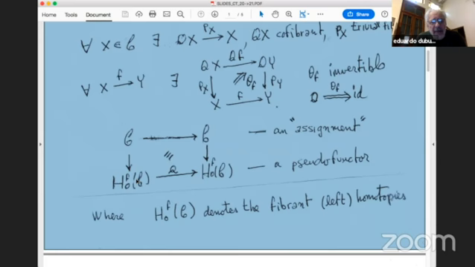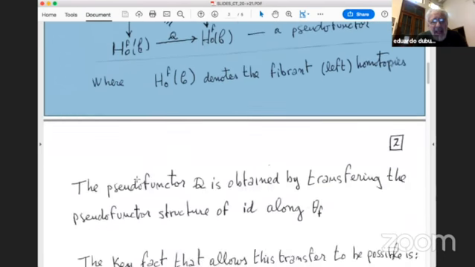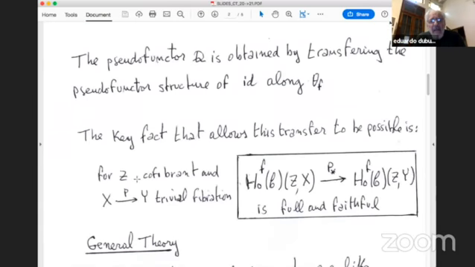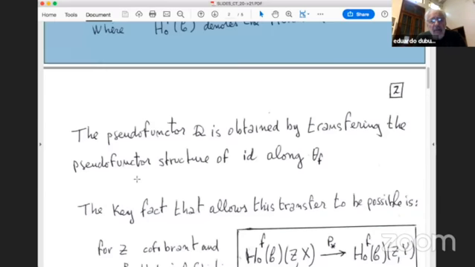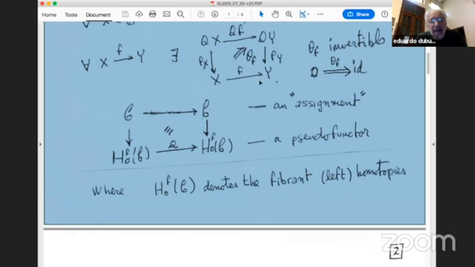Now, once I have said this, we realize that the pseudo-functor structure for Q here was obtained by a transfer of the pseudo-functor structure of the identity along the theta f.